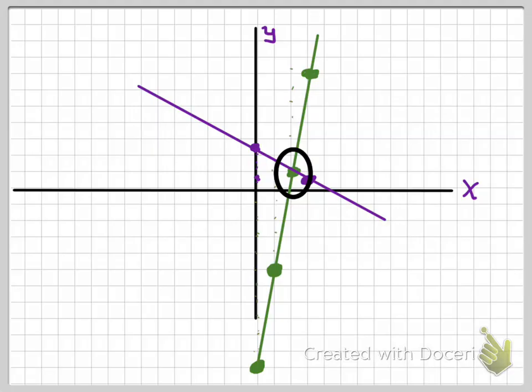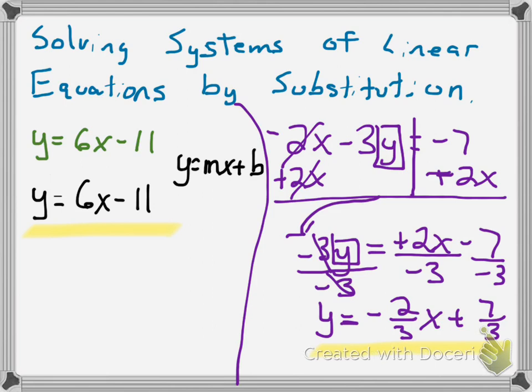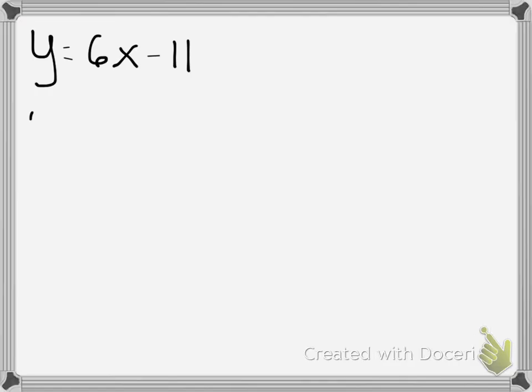Y equals 6x minus 11. There's one equation. And then I'm going to write this equation, y equals negative 2/3 x plus 7 over 3. Alright, now, both are in slope-intercept form.